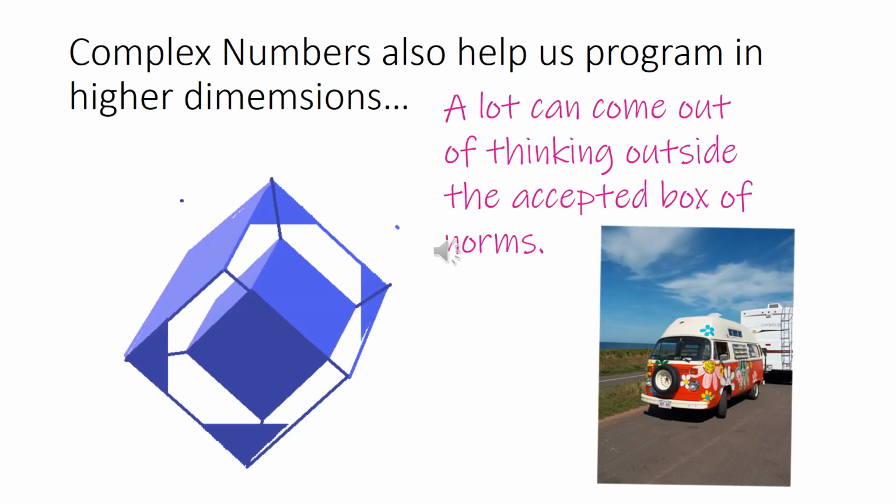Complex numbers actually have a lot of other uses. For example, they can help program in higher dimensions. And all we did was create one new number. We created the square root of -1, and out of that created a whole huge, infinitely large set of numbers that actually already contained our infinitely large set of real numbers. So a lot can come out of thinking outside the accepted box of norms.